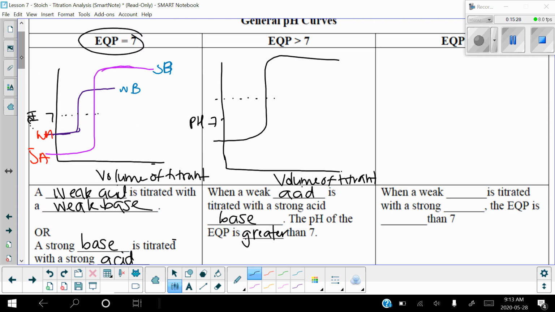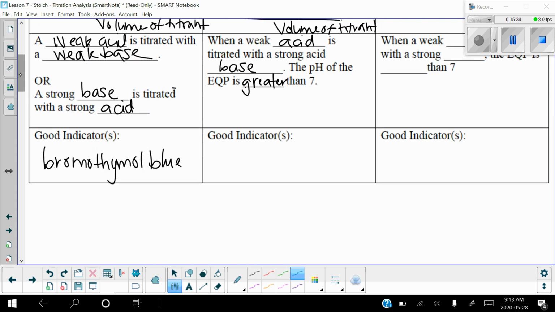So you always want to pick something that's within the range. For this one, we're going to have an equivalency point that's greater than 7. So you want to pick something above 7. A great indicator for this would be phenolphthalein. And this is actually used in titrations a lot.